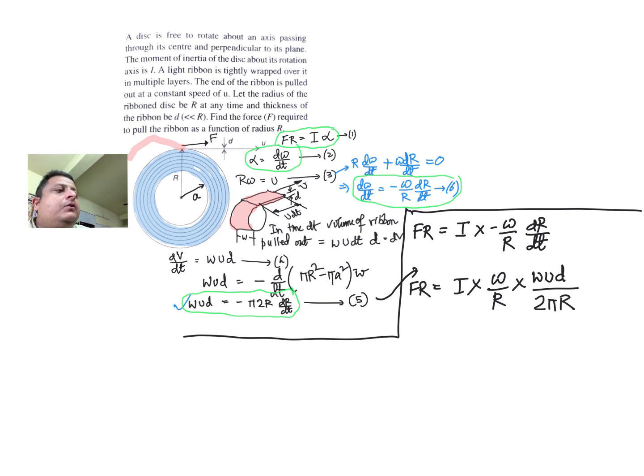Omega is there, so quickly replace it by u divided by r.